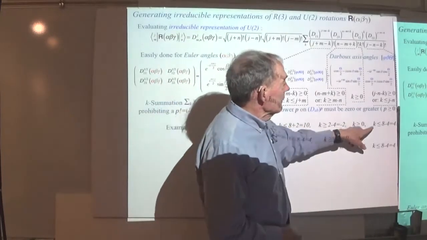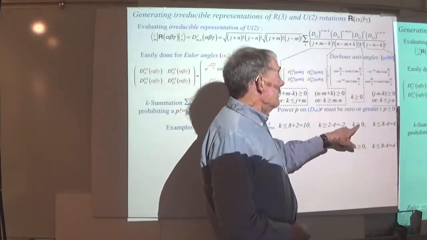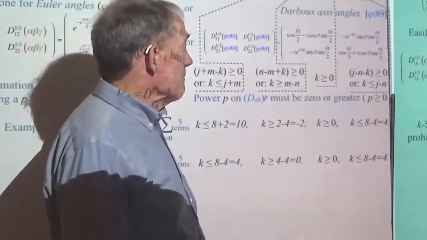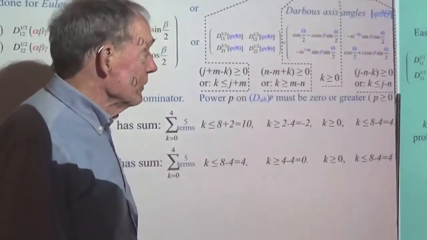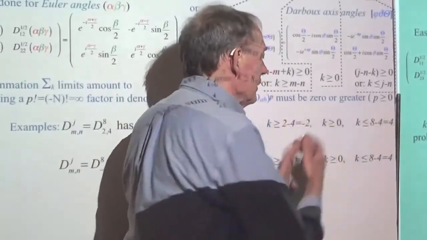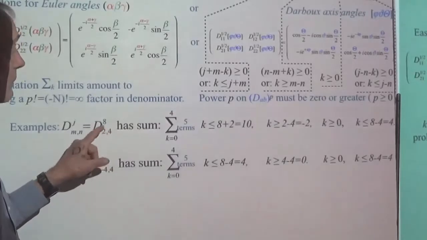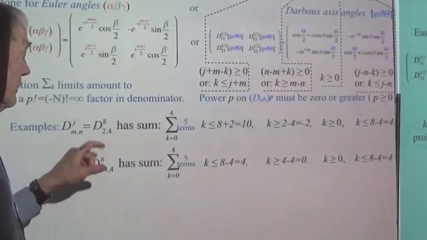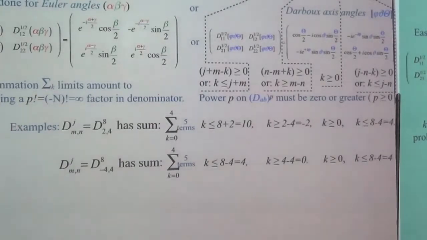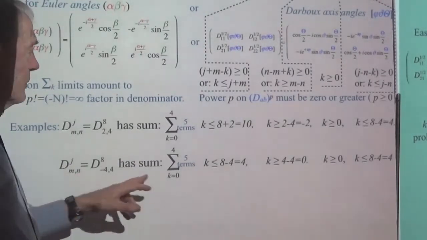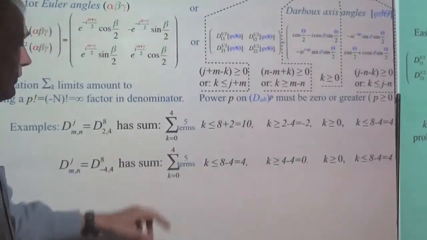Because down the road here, k has to be less than or equal to 4, and then greater than or equal to 0. Or greater than or equal to minus, that doesn't restrict you at all. So these two are the restrictors for this particular case. So this guy right here will just be a sum over 4. So even with big angular momentum, there aren't that many sums usually in the matrix. And this one also will be a sum over 5 terms, actually counting the 0.